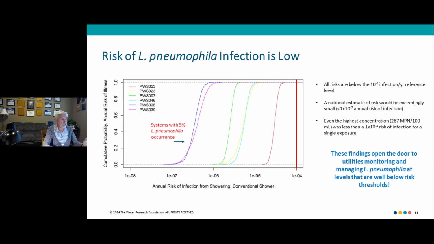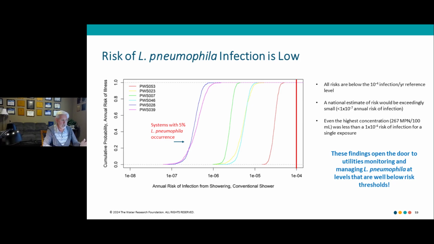In fact, the systems with the 5% baseline that Tim had talked about are about 2 logs below this risk level. And of course, the national exposure would be even lower than that because 68% of the utilities had no detections. So we can conclude based on this data set that the overall national exposure is very low.